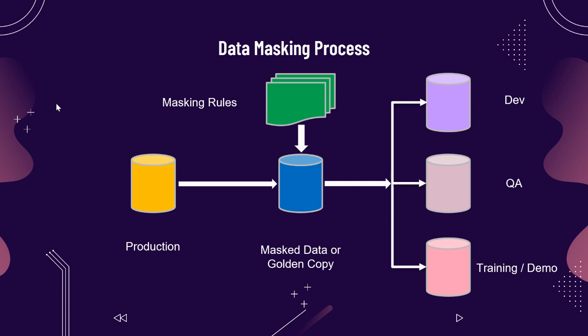I'm going to apply rules which mask this confidential information, and then load the data into the lower environments. I want to copy the data and version it so that it can be reusable, and whenever I want to use it I can access it. I will be keeping a copy and the versioning as well.